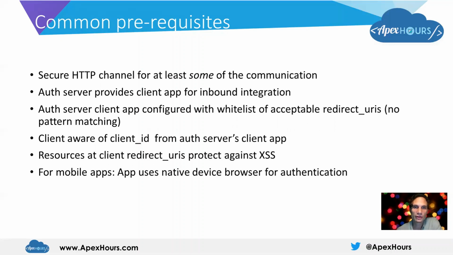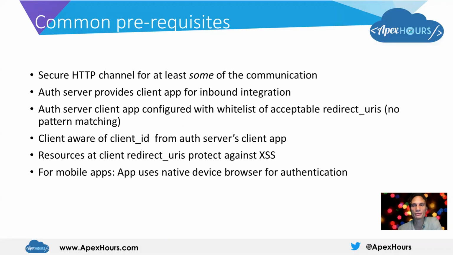The authorization server will also need to be configured with a client application to allow the inbound integration to take place, and that client app within the authorization server will need to have set up a list of acceptable redirect URIs.